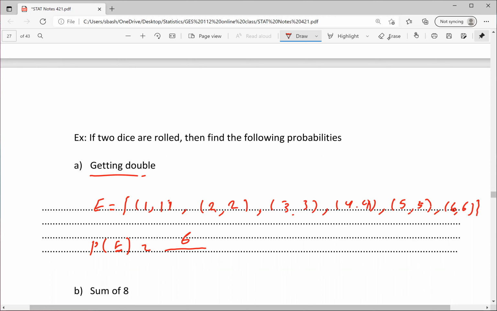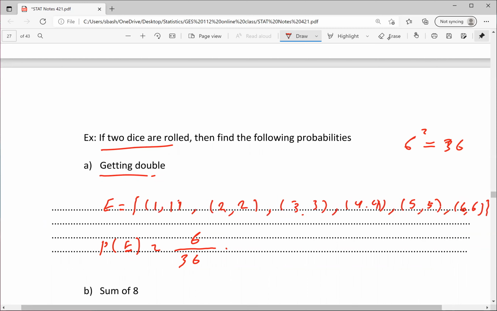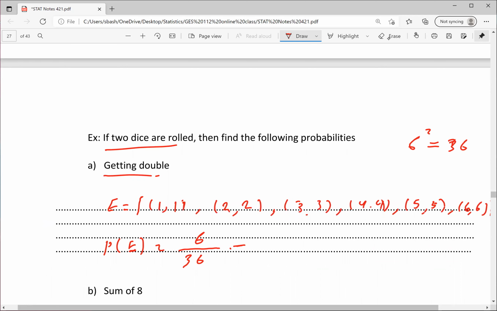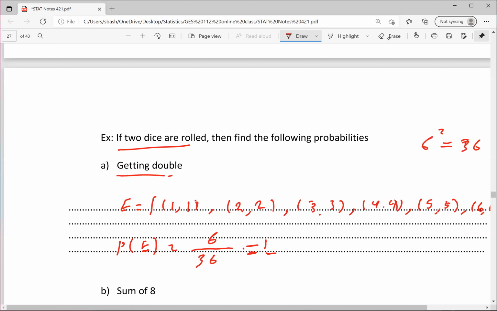And 2 dice will give me 6 to the power 2, equal to 36. This is the number of outcomes in the sample space. So that will be 6 divided by 36, which is equal to 1 over 6. So the answer for this one, or the probability of getting a double, is 1 over 6.